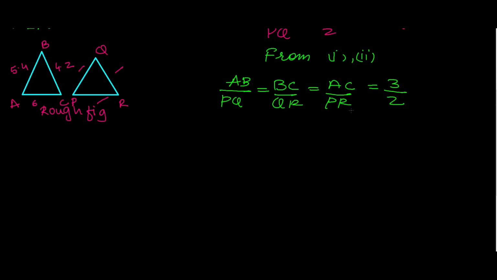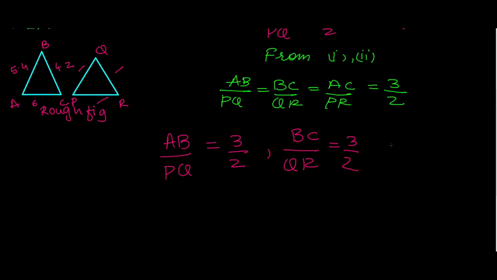As we got this ratio, now we can write AB upon PQ is equal to 3 upon 2. We can also write BC upon QR is equal to 3 upon 2, and we can also write AC upon PR is equal to 3 upon 2.